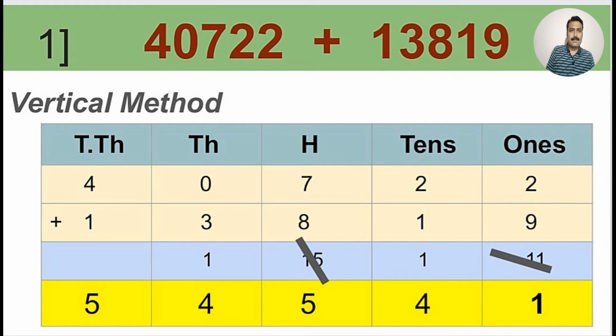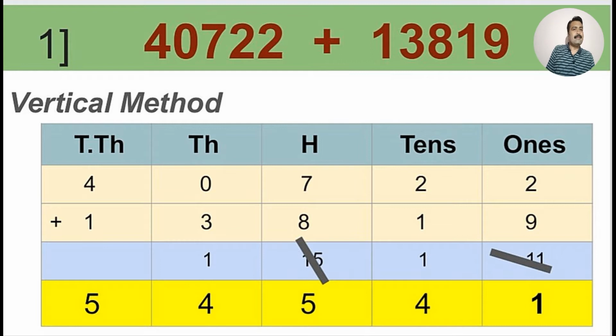The first example that I want to read out is 40,722 plus 13,819. When you observe this example, the first number is of 5 digits and the second number is also of 5 digits.